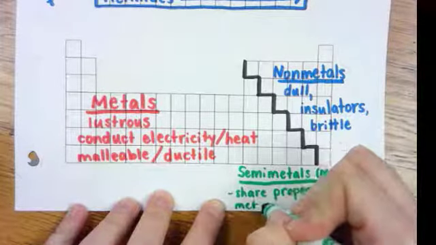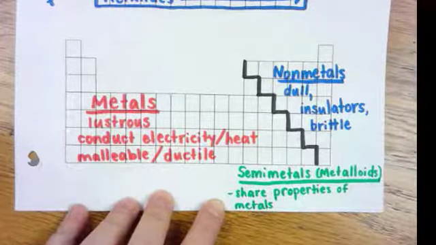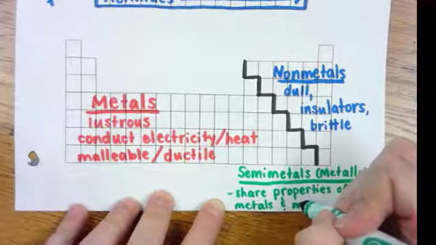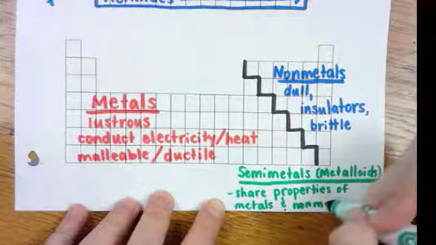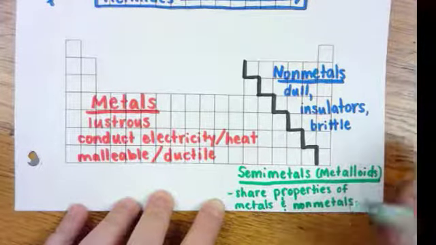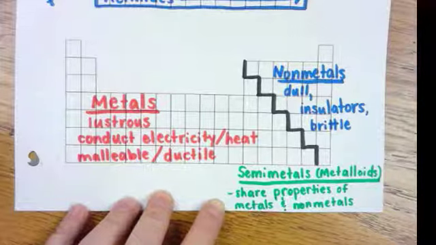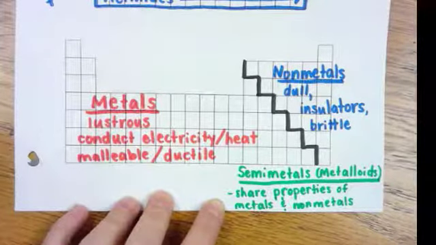And we talked about the most important of those properties being that they are semiconductors. The other thing that we'll do is shade in those elements along the staircase that are considered to be semi-metals.